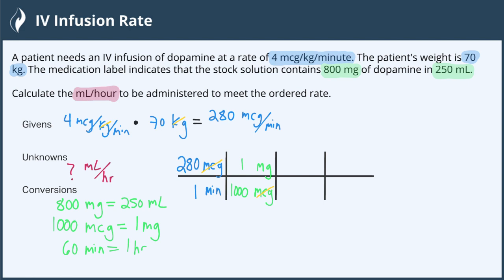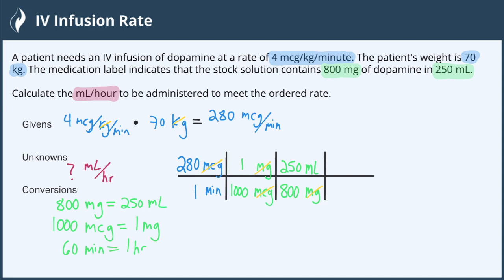Since milligrams is on the top, we put milligrams in the denominator and milliliters on top. Remember that said 800 milligrams is equal to 250 milliliters. Our milligrams cancel, and now we have milliliters per minute left for our units.